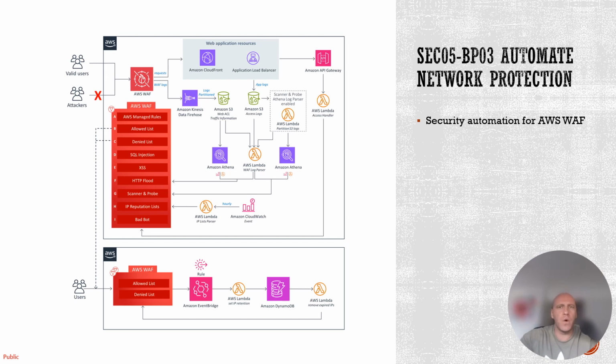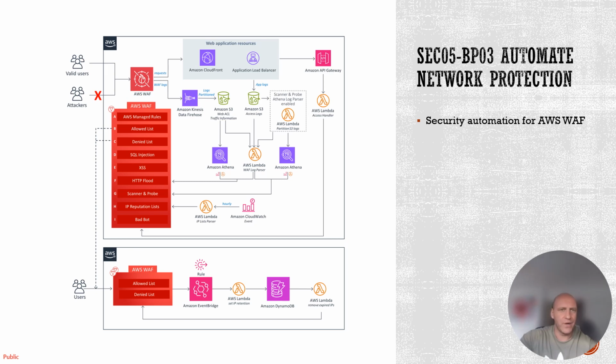You can also set a quota that defines the maximum number of incoming requests allowed from a single IP address at the default 5-minute period. We can also detect scanners and probes. This component parses application access logs, searching for suspicious behavior such as an abnormal amount of errors generated by an origin. It then blocks those suspicious source IP addresses for a customer-defined period of time.